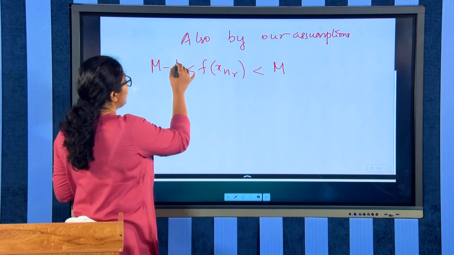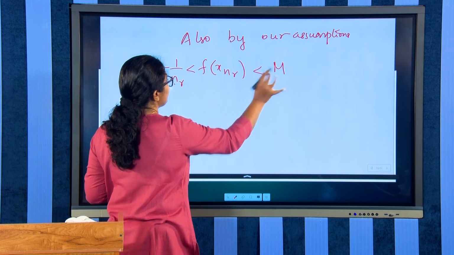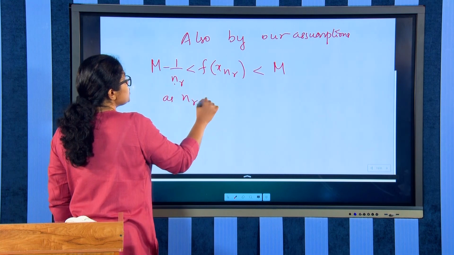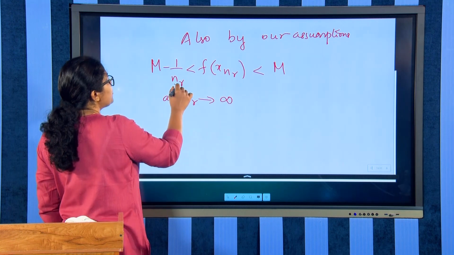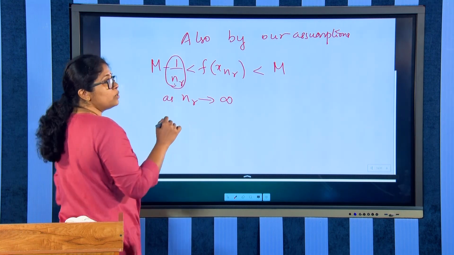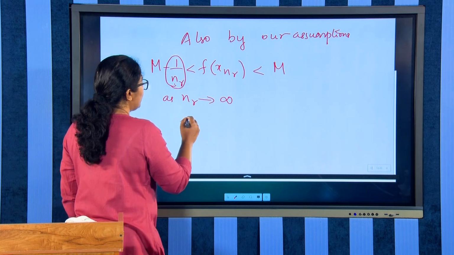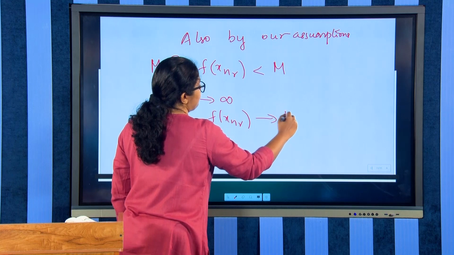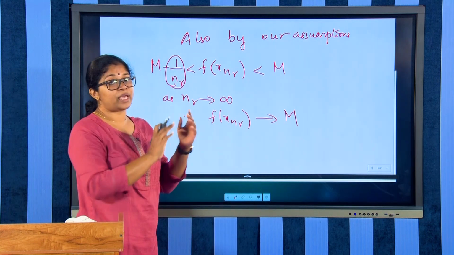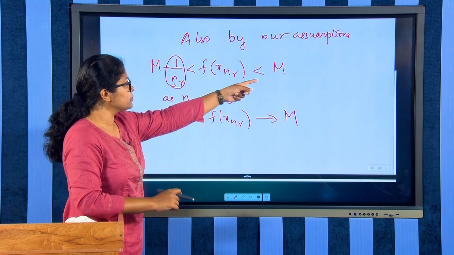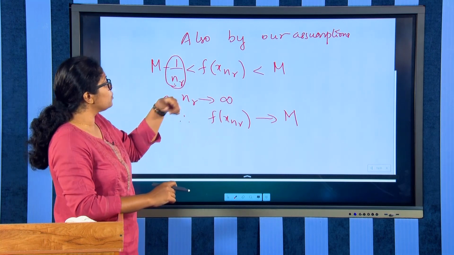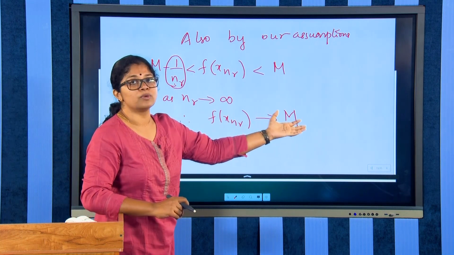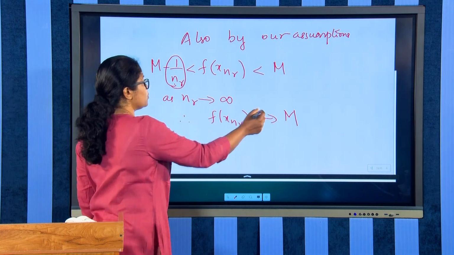We have M minus 1 by nr is less than f of xnr less than M. So as nr goes to infinity, what happens to this term? It will go to 0. So f of xnr goes to M by the sandwich theorem that we have seen in the previous case. This side goes to M, this side goes to M, so the middle sequence also goes to M. So f of xnr goes to M.